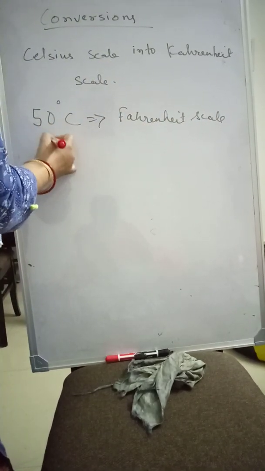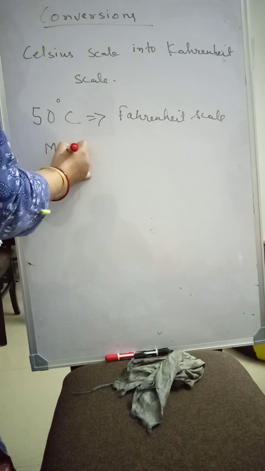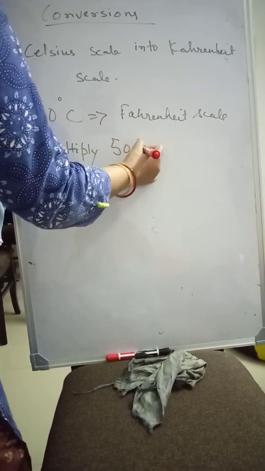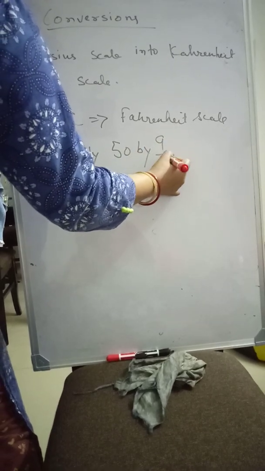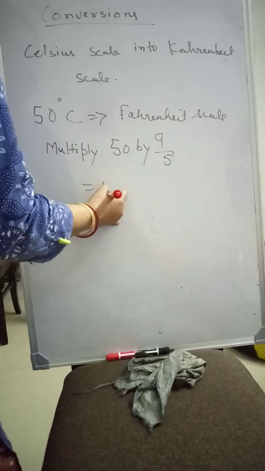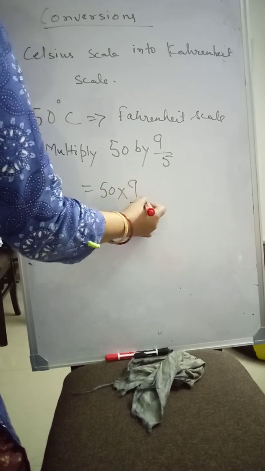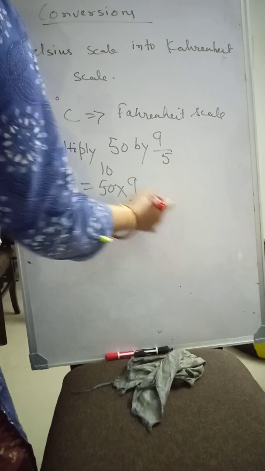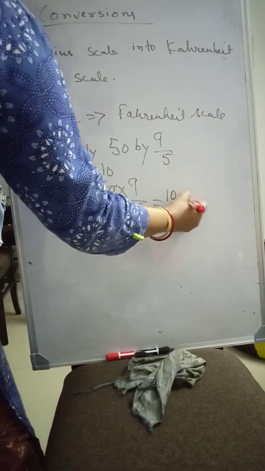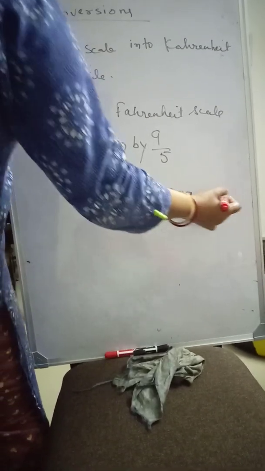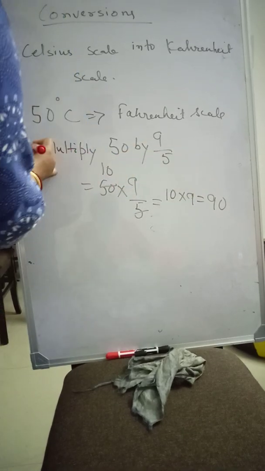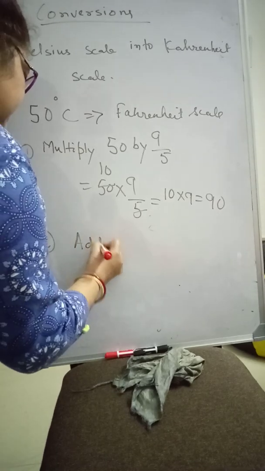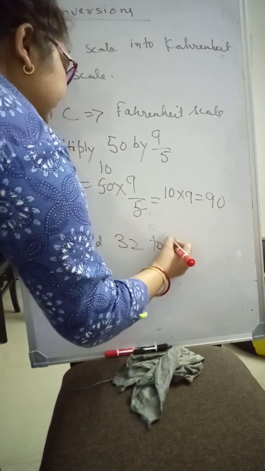First step, multiply this 50 by 9 by 5. So 50 divided by 5 is 10. 10 into 9 is 90. Now second step, add 32 to 90.